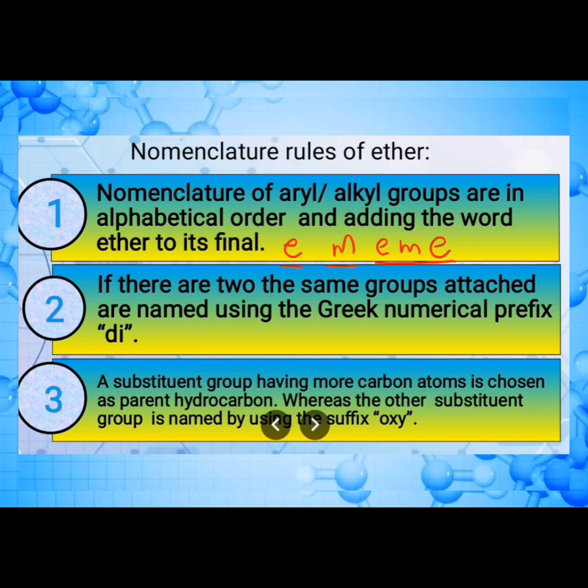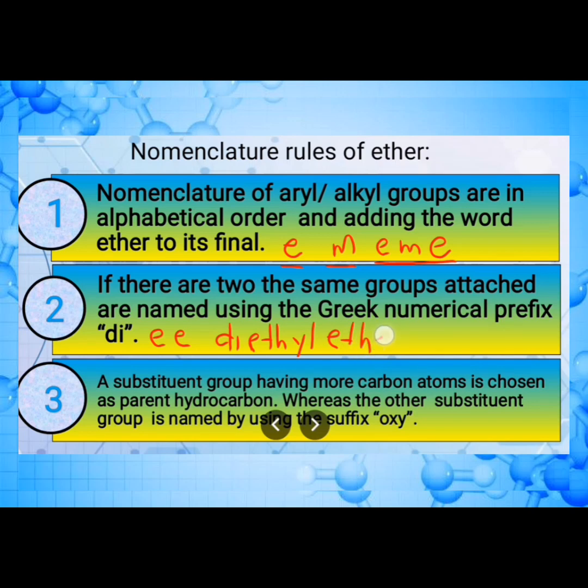Now let's proceed to the second. If there are two of the same groups attached, they are named using the Greek numerical prefix di. For example, instead of using ethyl twice, we will be using diethyl ether.